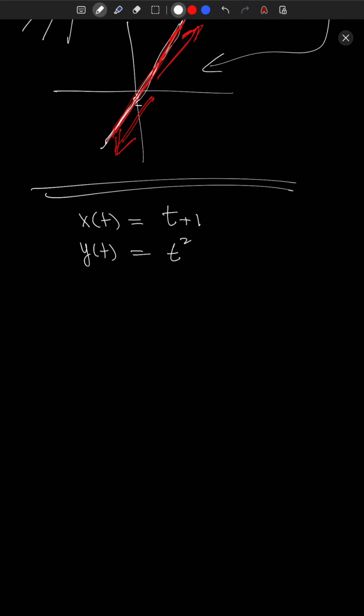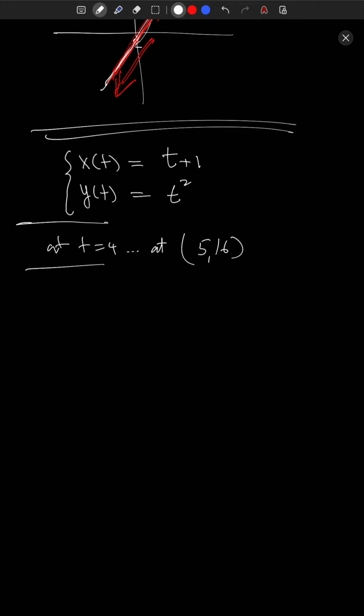Again, this set of equations describes my exact motion. If I wanted to know where I am at time 4, I just plug in 4. So at time 4, we're at 5 comma 16, for example, just plugging 4 into the first equation and 4 into the second equation, giving me the xy coordinates.